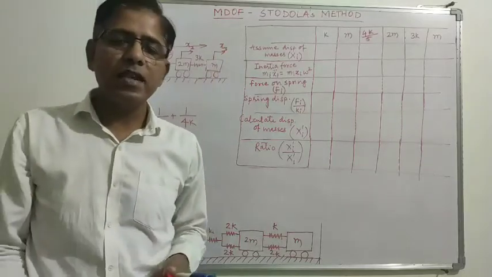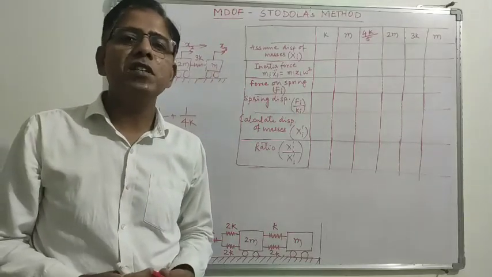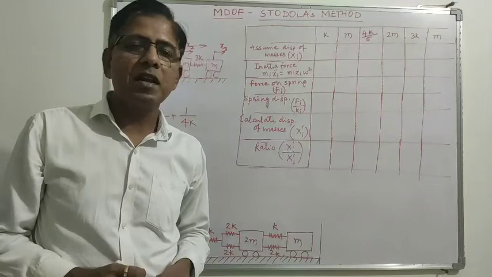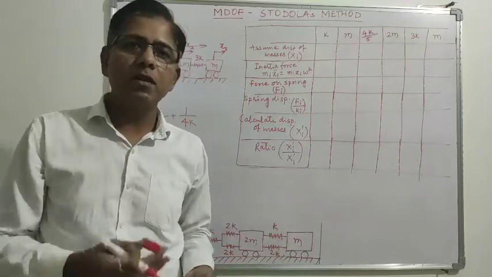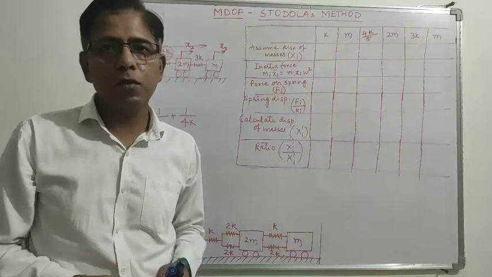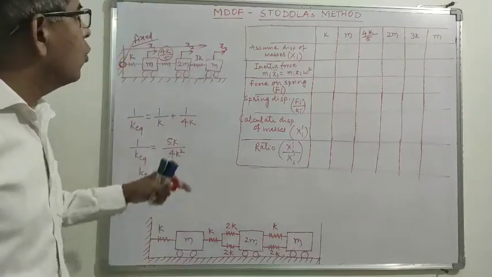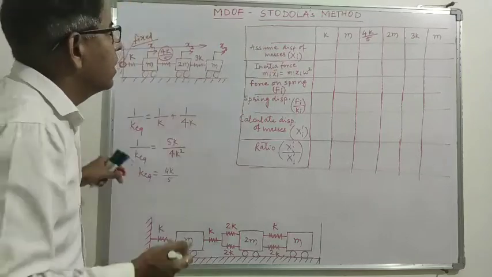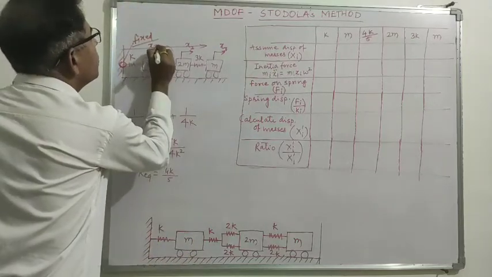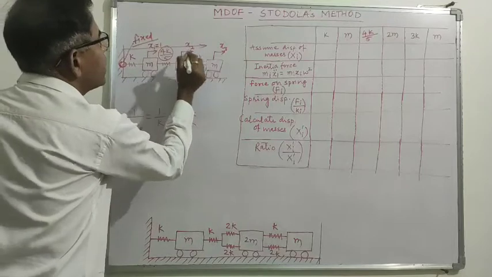As I explained, a lot of assumptions are required in the Stodola method, LS method, Holzer method, Ankerli formula or Lagrange's. So the first assumption is you need to assume the displacement at the 3 masses as 1.